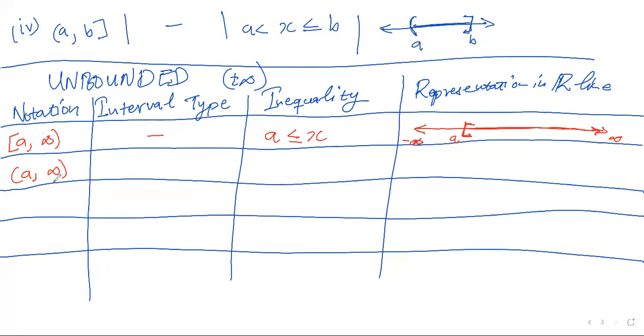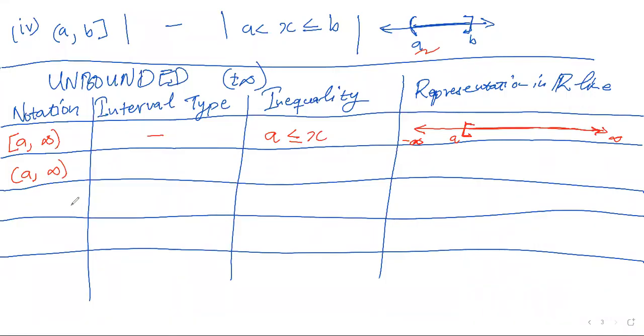So you cannot say it is an exact number, and that's why it is always open. So that is it.